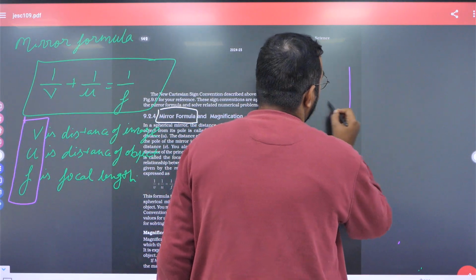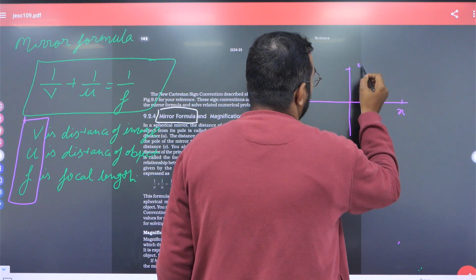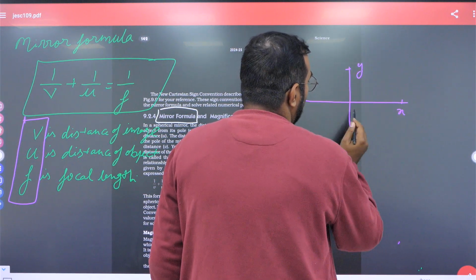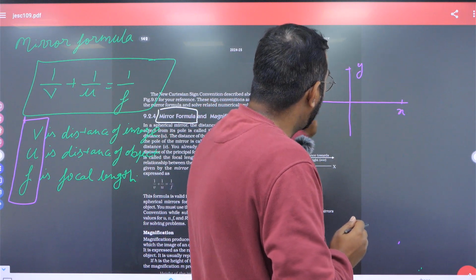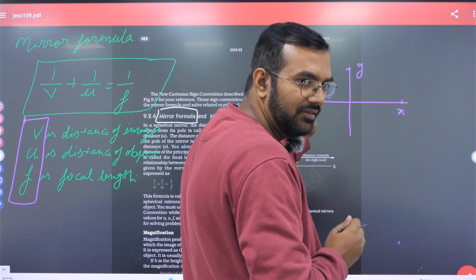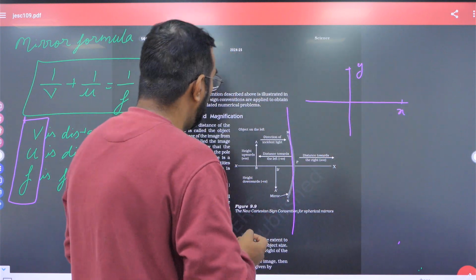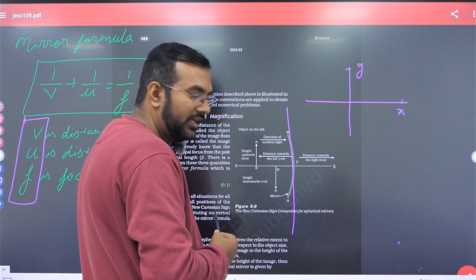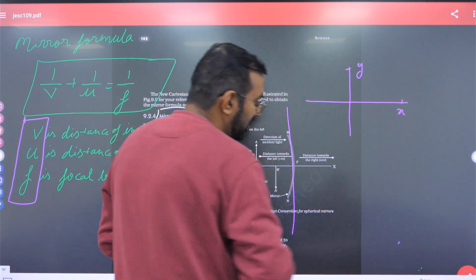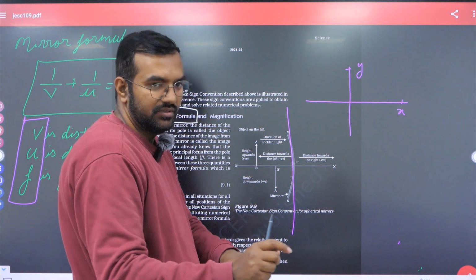You have studied in coordinate geometry. Suppose this one is the x-axis and this one is the y-axis. Then all the values left of the y-axis are negative and right of this axis are positive. So all the values on this side will take negative value and on this side will take positive values, whether it is the object or image.